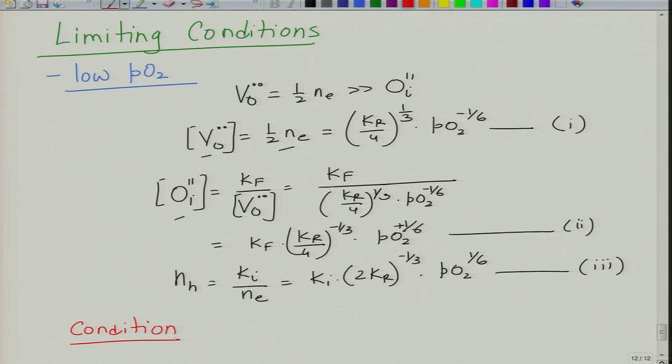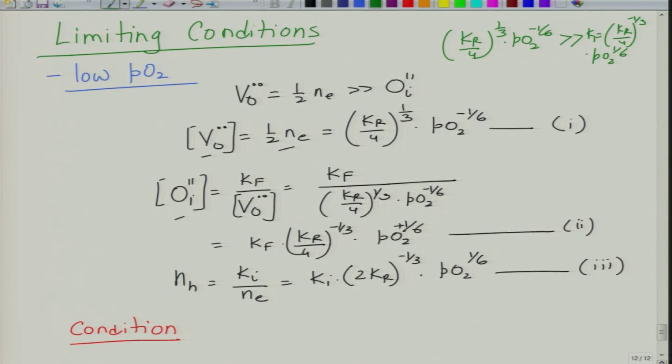The PO2 will work out if you combine these equations. So you just write basically Kr divided by 4 to the power 1 over 3 into PO to the power minus 1 over 6, this is greater than Kf into Kr divided by 4 to the power minus 1 over 3 into PO to the power 1 over 6, and just manipulate the terms.